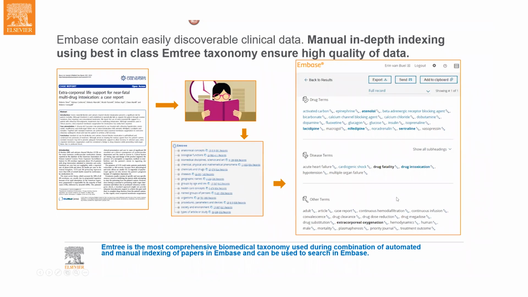For example, adverse drug reaction, complication, additional information, if it was a systematic review, if it was a meta-analysis, what the age was, what the mortality was, what the study group was, whether it was human or animals, because Embase also covers a lot of journals with veterinary research.